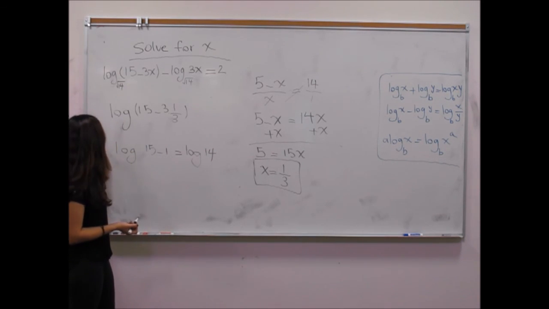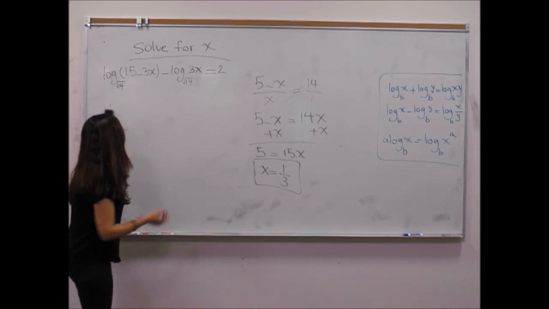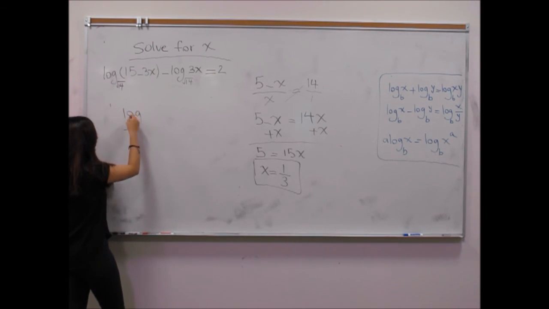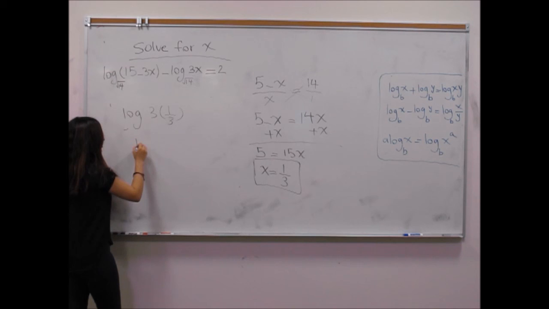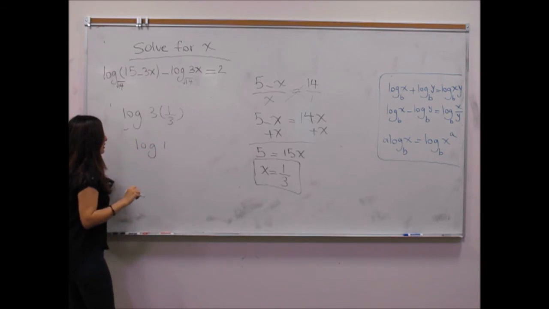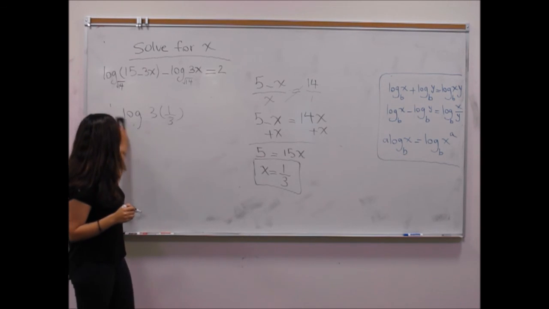So for this one it works. And for the second log, which is log of 3x, log of 3 times 1/3, I'm going to have log of 1. This is also a positive number, so 1/3 works for both of them.